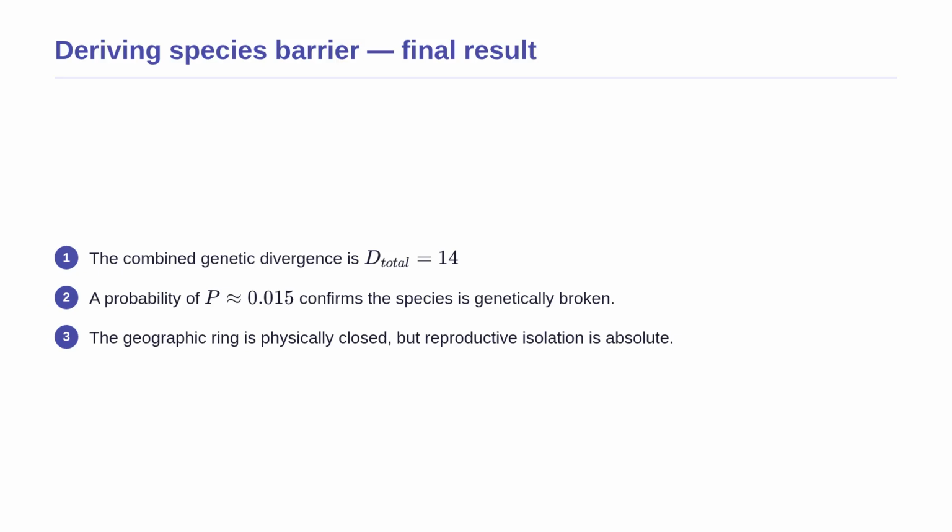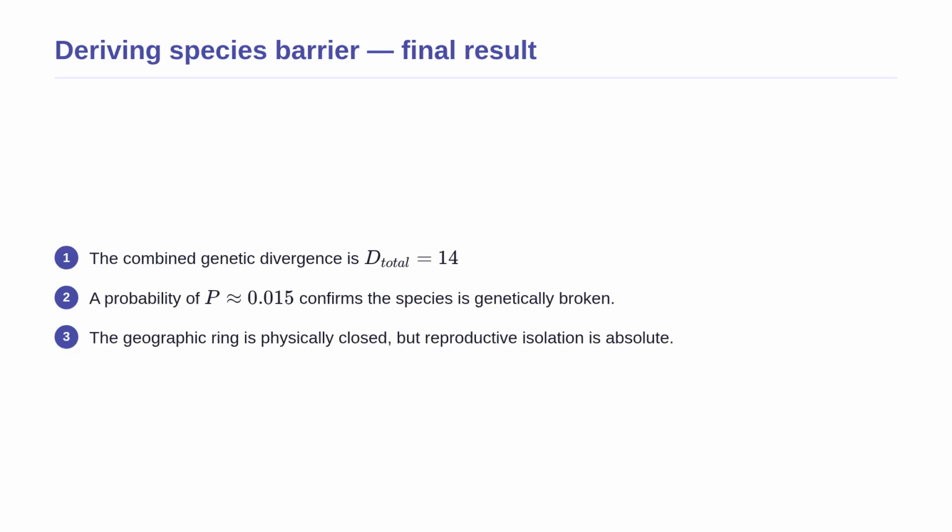Let us analyze the profound implication of this 1.5% mating probability. We have established that the two evolutionary journeys compounded to create a massive combined genetic distance of 14 units. When the eastern and western warblers finally meet in Siberia, their genetic makeup is so distinct that they simply cannot recognize each other as mates.